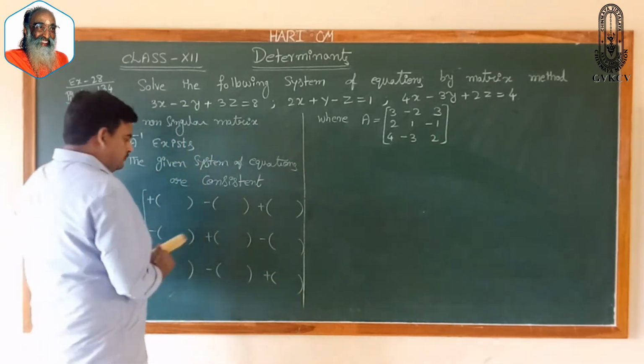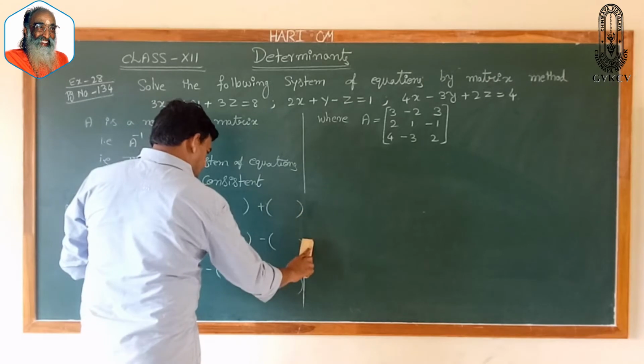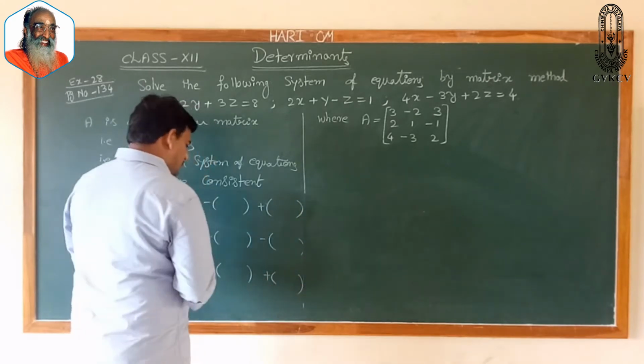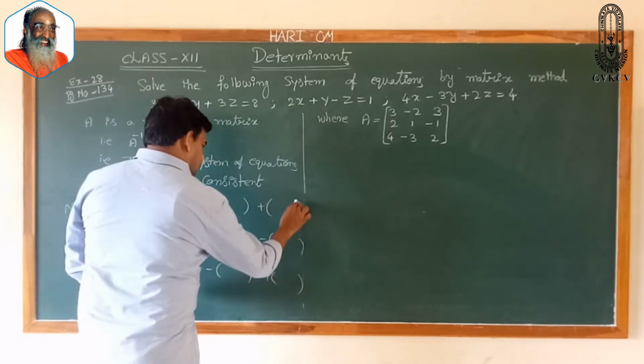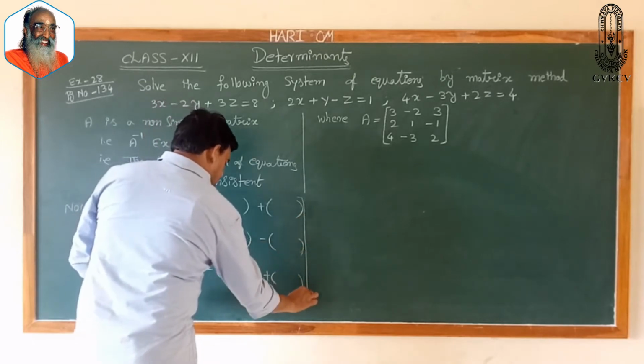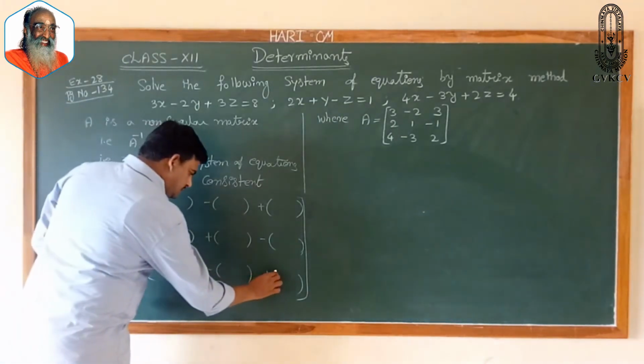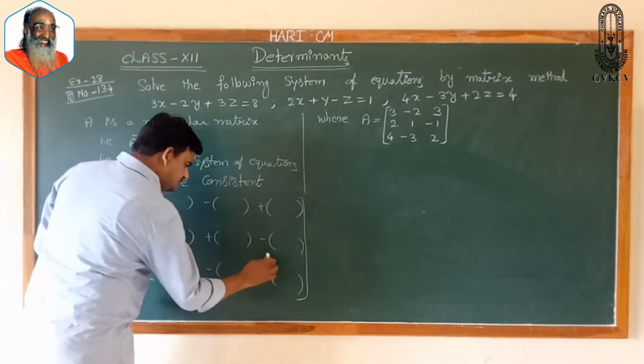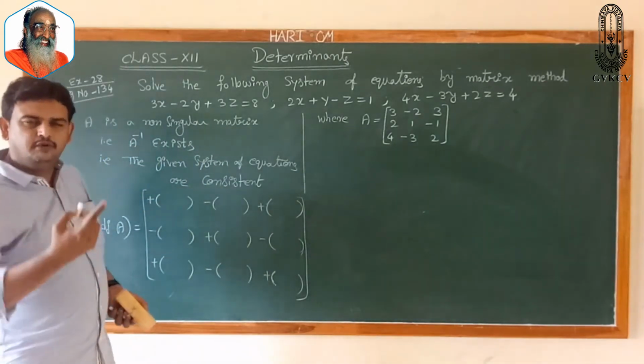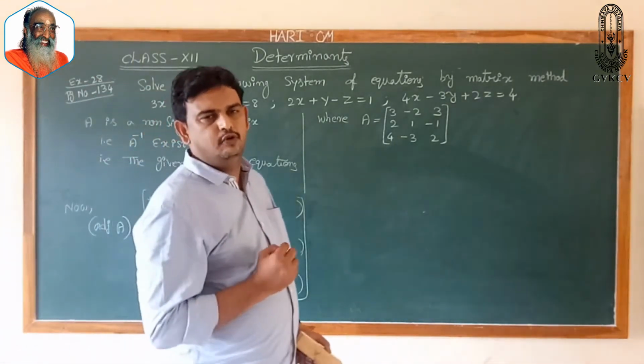This we know. So like this we have a matrix. Now we don't know what values are there within the boxes. Now this is about adjoint of A. As we know, adjoint of A is nothing but the transpose. Means rows become columns, columns become rows.